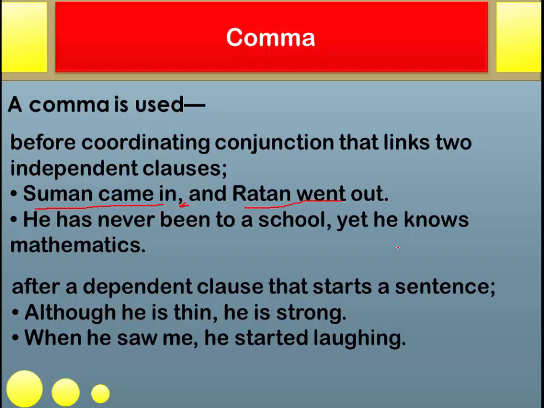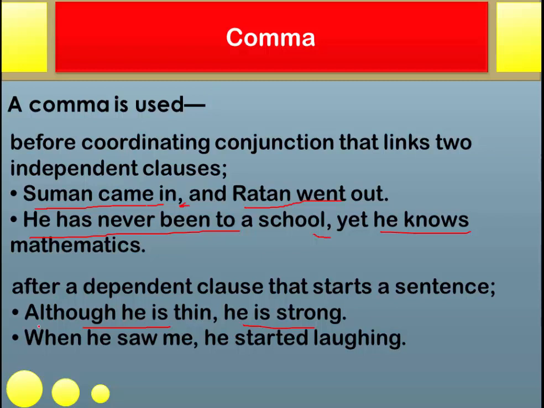He has never been to school, yet he knows mathematics. Again these two are independent clauses, so the comma is used. Next, a comma is used after a dependent clause that starts a sentence. Although he is thin, he is strong.